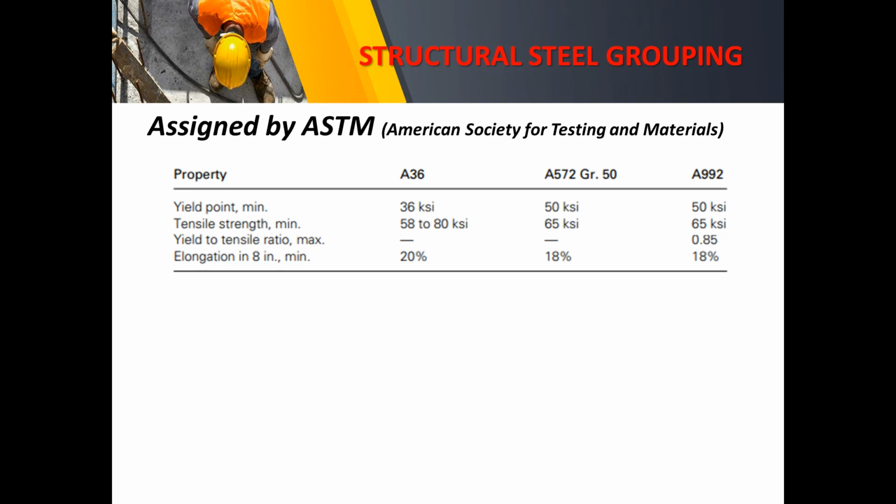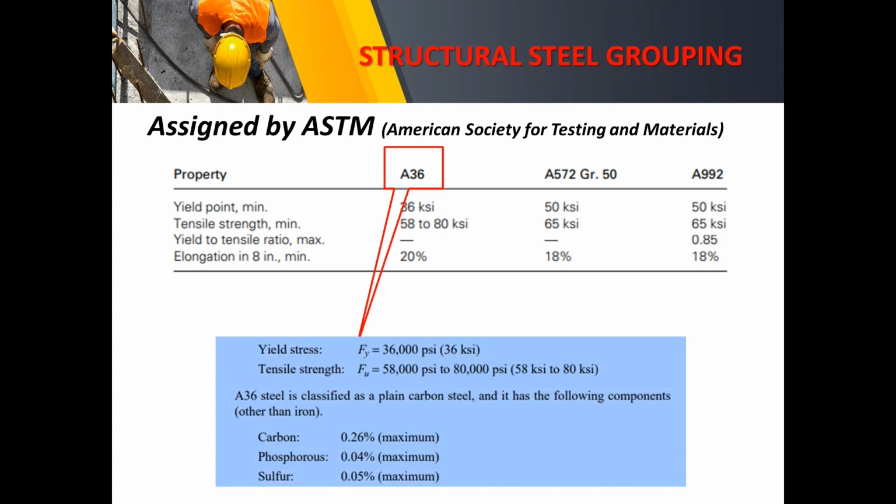We have the yield point and the tensile strength. By the way, A36 or ASTM A36 is the most commonly used, with the following properties. Your yield stress is 36,000 psi.